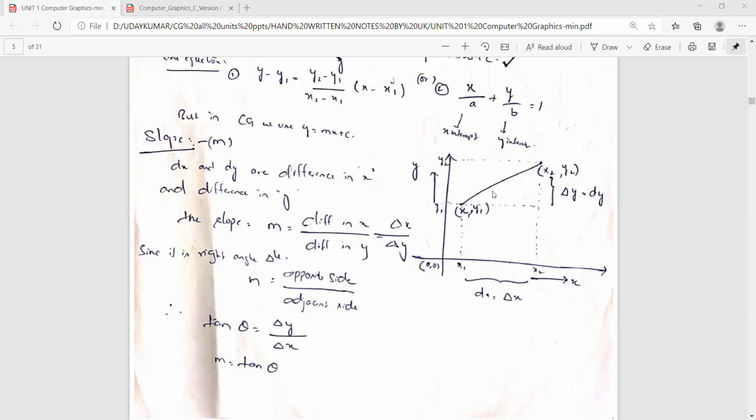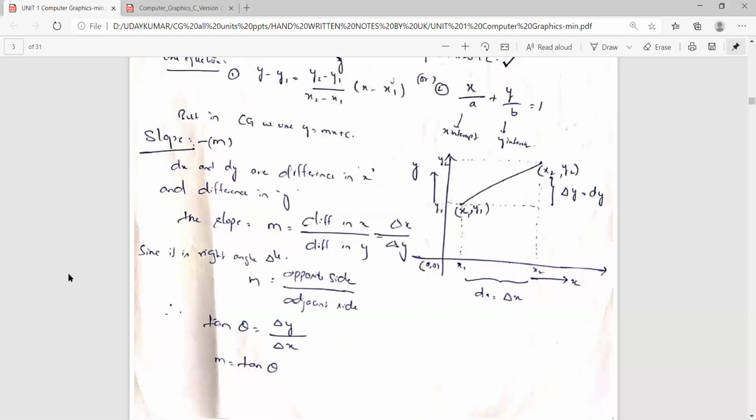For this line, we are going to identify the slope. Since it is a right angle triangle, observe these dotted lines also. By identifying the differences, we have constructed the right angle triangle. The principle of a right angle triangle is opposite side by adjacent side. Here the opposite side is delta y, and the adjacent side is delta x.